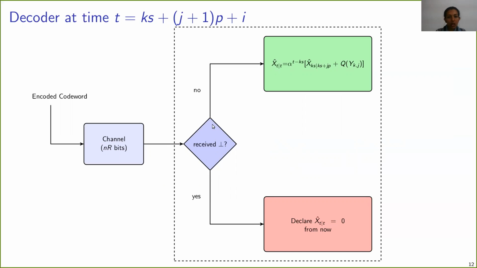If it has not received this symbol, then it will proceed to update the real-time estimate by adding the new update to refine the estimate of the latest sample and then scaling it. But if it has received the special symbol, then it will declare the real-time estimate to be 0 for all subsequent time units.